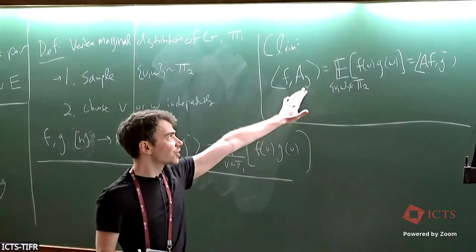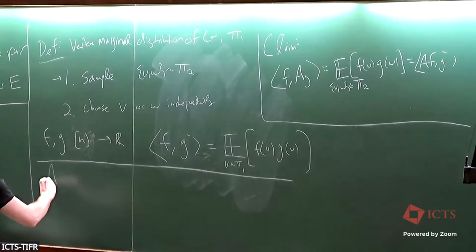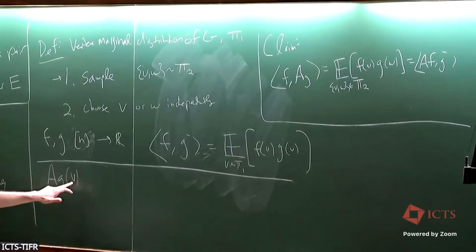A averages over the neighbors. What is Ag of V? This is just the average value of g across all the neighbors of V. But of course, this average is taken with respect to the pi2 distribution. This is the local conditional distribution around V.